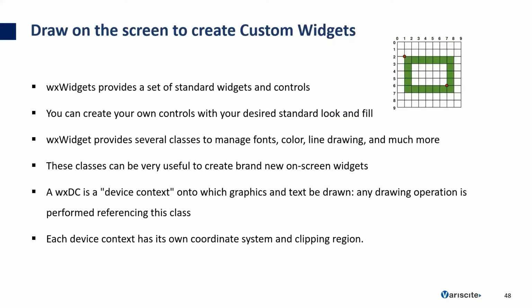They will be independent, but also they will have independent coordinates. So whenever you create a graphical context, a device context, sorry, each one will have its own coordinate system, but also its own clipping region. So if by error you draw something outside the device context, it will not affect the rest of the application.